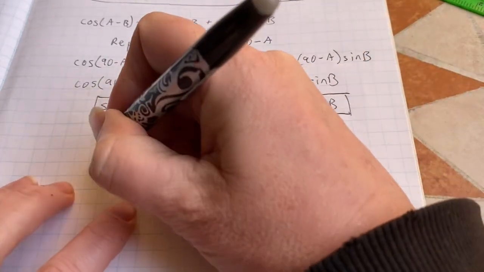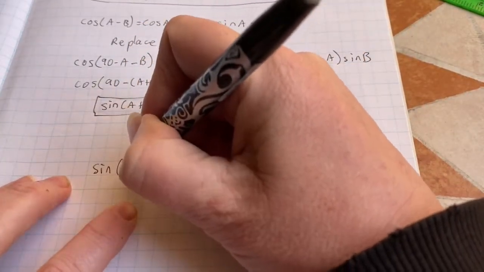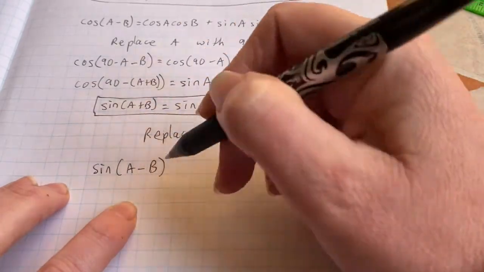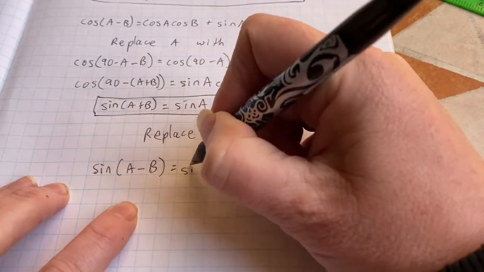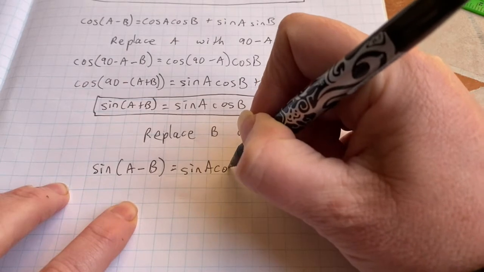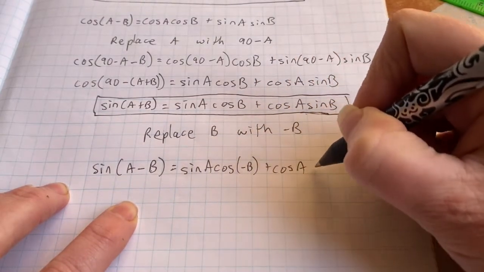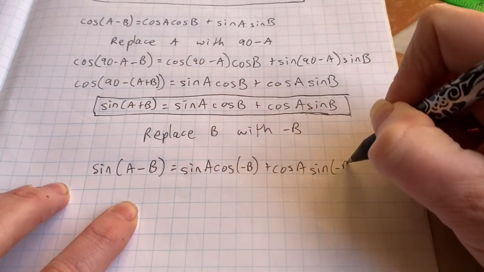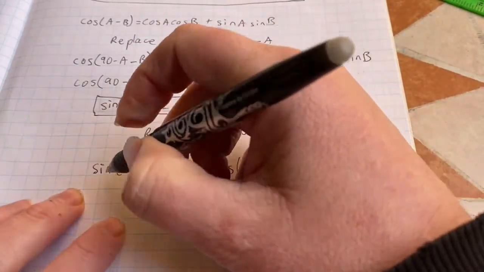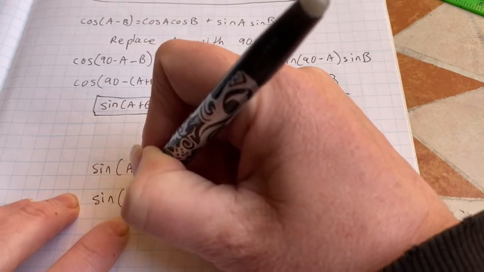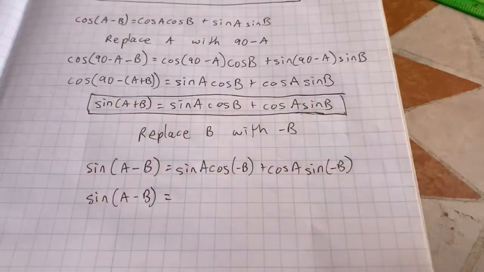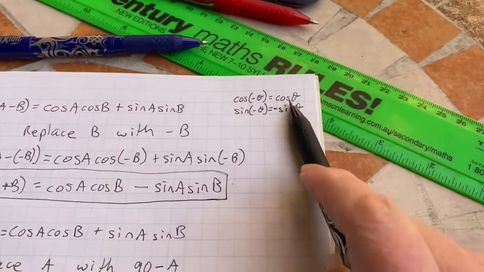Okay, so we get sine(A minus B), because B has become negative B, equals sine A cos(negative B) plus cos A sine(negative B). So sine(A minus B) equals, now I'm going to use these rules again.